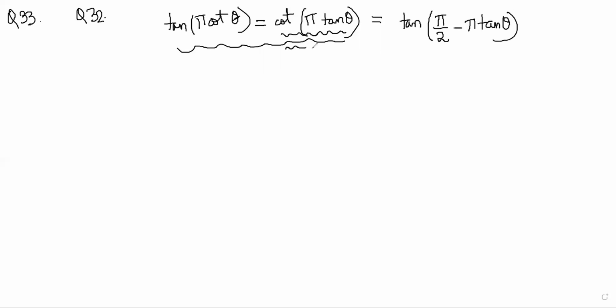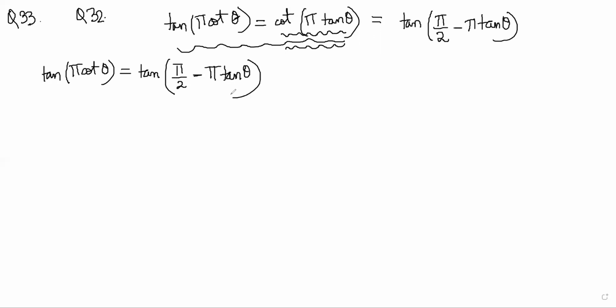That is useless for solving an equation. Make it like this: tan of pi cot theta is equal to tan of pi by 2 minus pi tan theta. Then write the general solution. Now it can be written as a general equation.